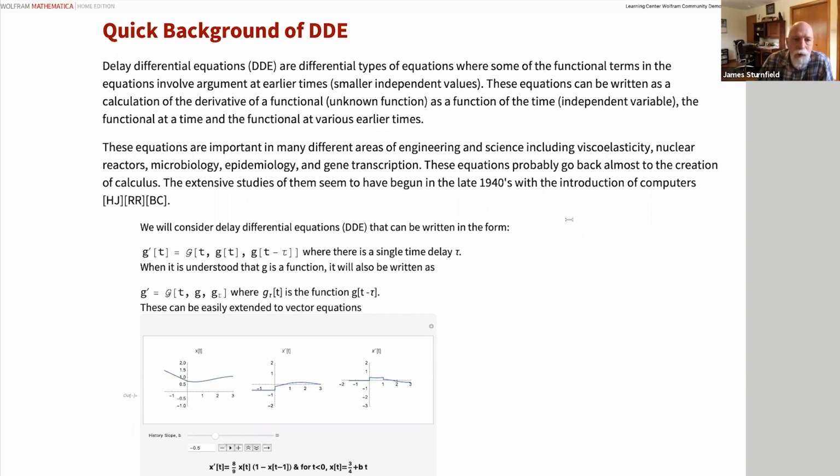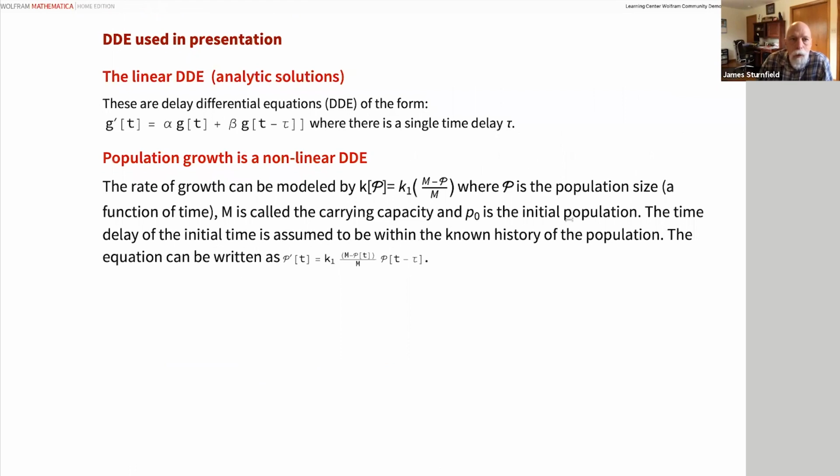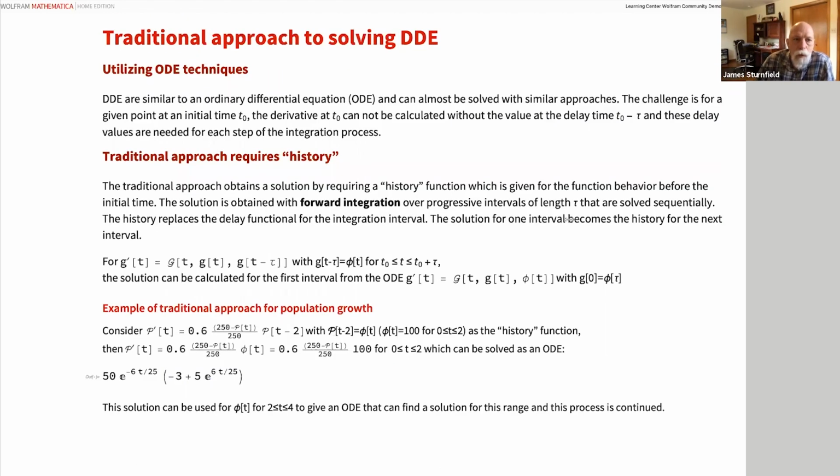The standard way kind of gives a history, and we're going to kind of talk about that. What it does is basically we say, oh, we need that delayed time, so we're going to plug in the history we have, build up a solution to this now ODE, and calculate the next step.